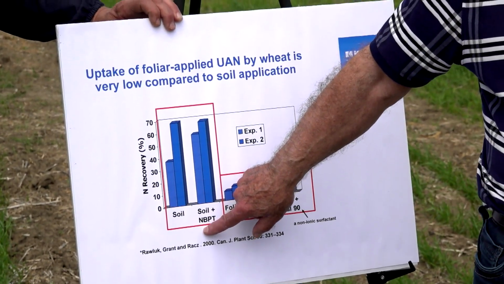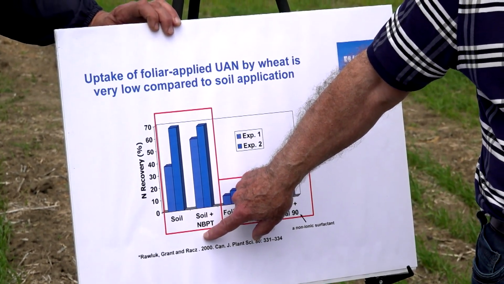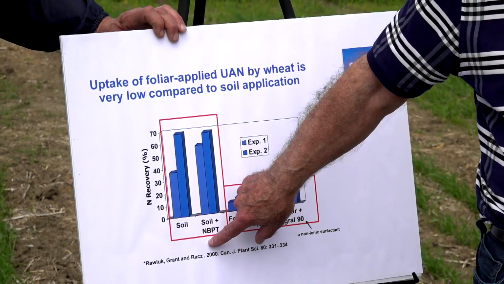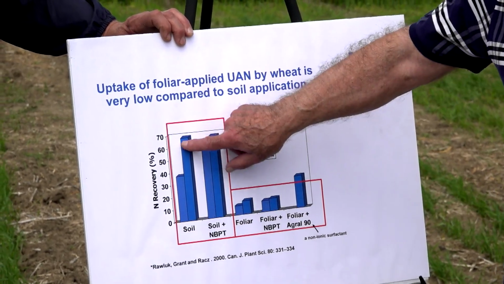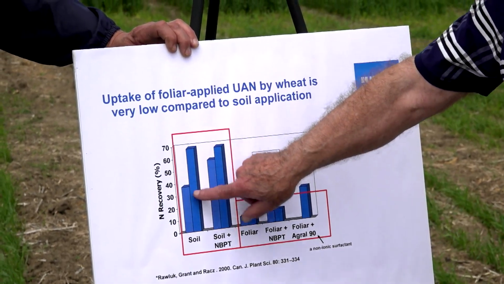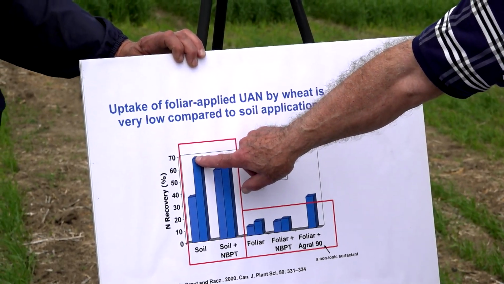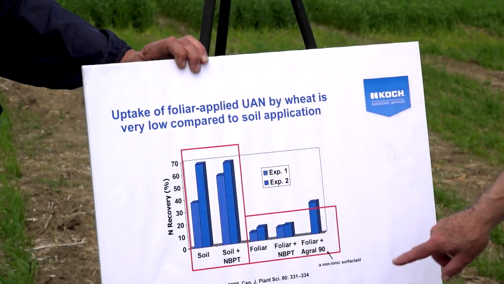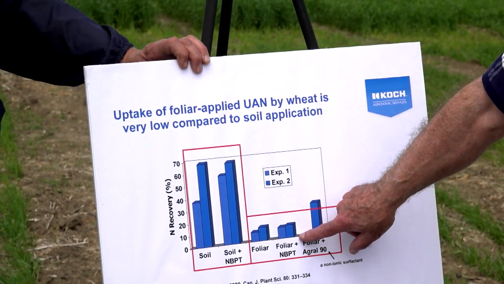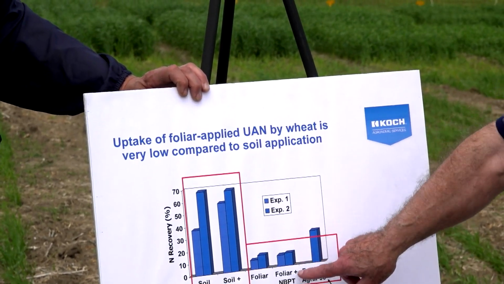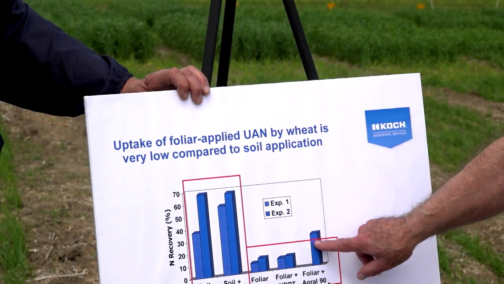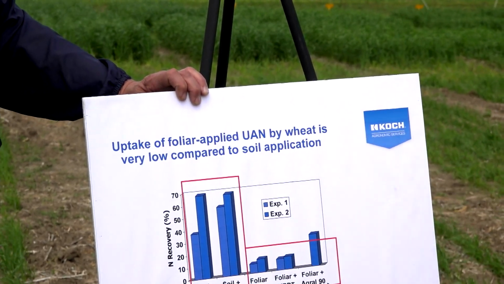And they sprayed UAN, which is our liquid fertilizer, right? They got anywhere between 40 to just about 70% recovery. Look what happened when the ground was covered. The recovery was anywhere from 10 to about 20 or 25%.